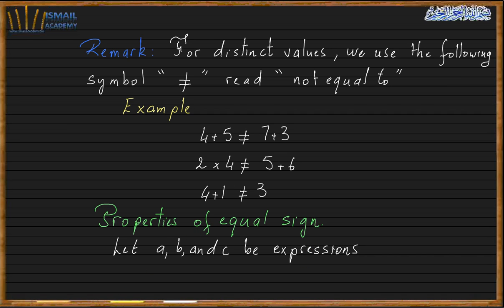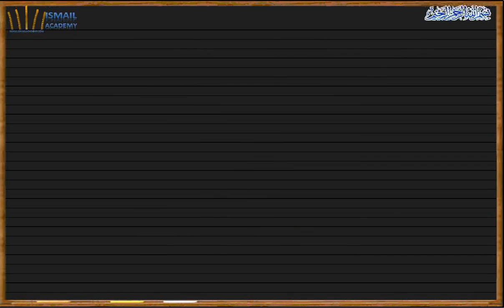Alright, let's talk about the first property, which is the reflexive property of the equal sign. So what does the reflexive property state? For any expression A, we always have A is equal to itself. The expression is equal to itself.